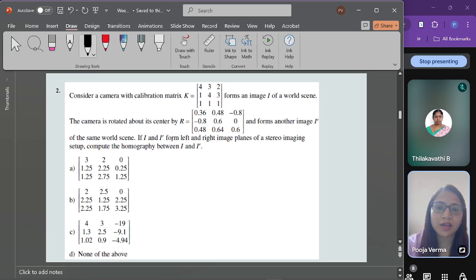If I and I dash form the left and right image planes of a stereo imaging setup, compute the homography between I and I dash. So how can we compute it? Here the camera with calibration matrix K is given and the rotation matrix is also given. Now from these two matrices we have to calculate the homography between I and I dash.